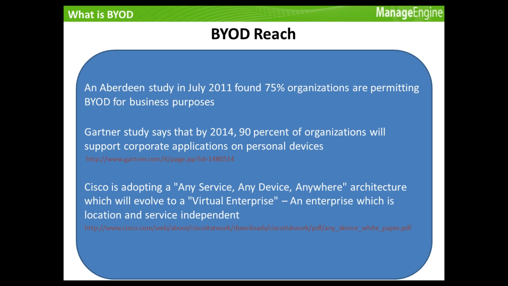And Gartner's study says that by 2014, 90% of organizations will support corporate applications on personal devices. My organization itself is an example of that. And Cisco, the world leader in network equipment, is adopting an any service, any device, anywhere architecture, which will lead to a virtual enterprise, an enterprise which is location and service independent.